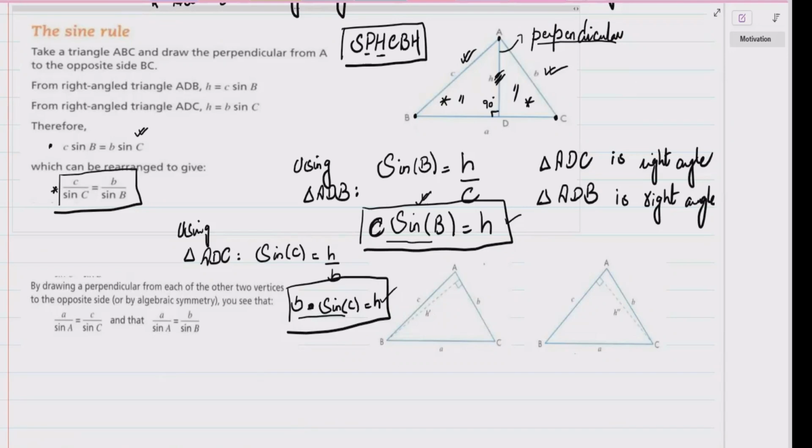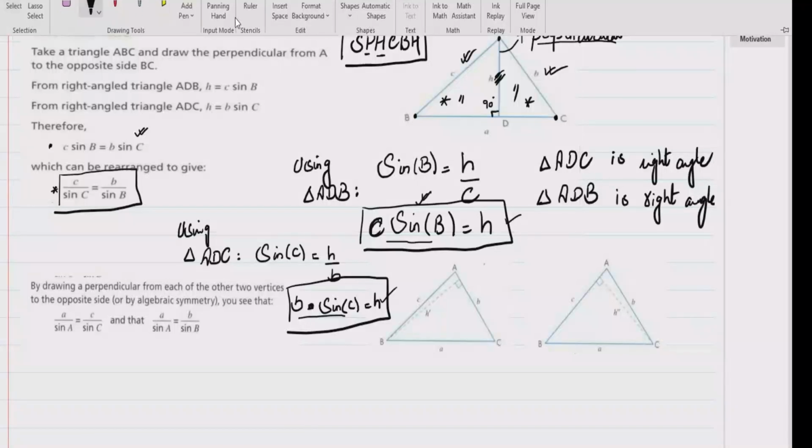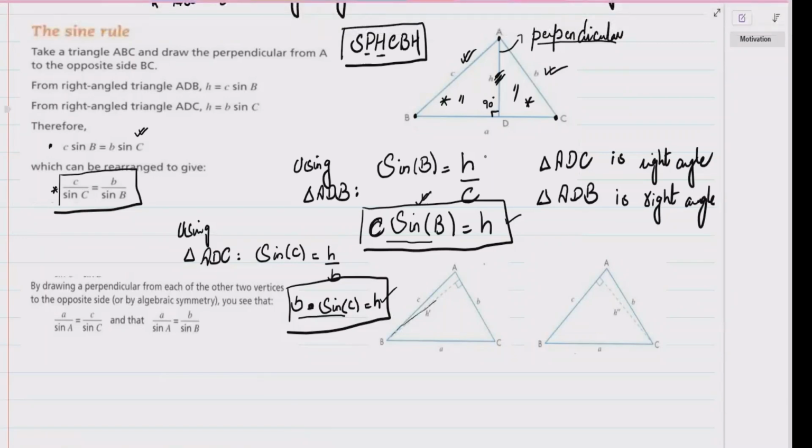We can also draw it from B instead of A. But remember that we have to draw this perpendicular line so that it touches the opposite side making 90 degrees. By using this trick we again get two triangles.